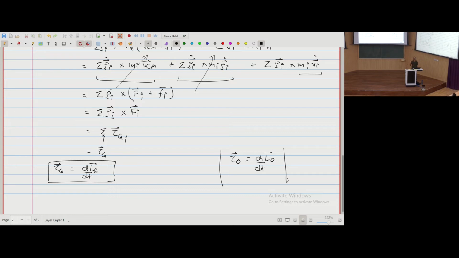Can I now generalize it to any point P that is not fixed? No. We will show that that is not the case. So please do not apply this dynamical relation about any point P if that point is not stationary, because you will see that you get extra terms.